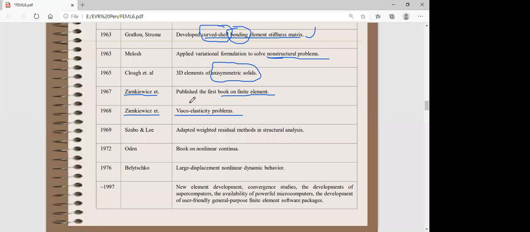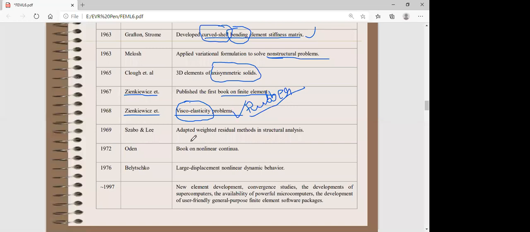Viscoelastic materials are rubber materials, for example automobile wheels, automobile tires. He worked on the viscoelasticity problems.